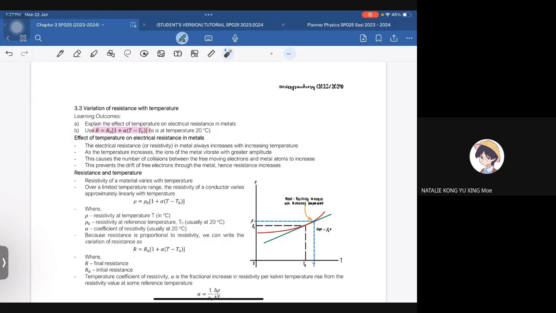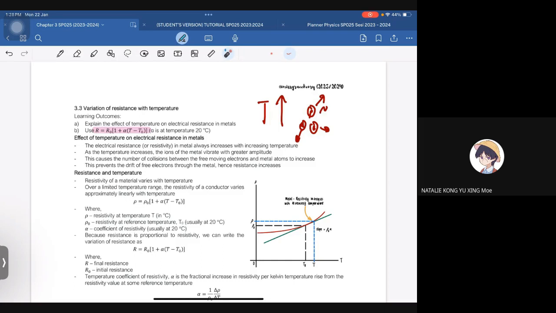Okay, so sekarang ni the part on explaining the effect of temperature ni, it's basically here lah, tapi in short what they're trying to say is when there's an increase in temperature, there's an increase in the movement of the electrons. So what happens bila electrons ni move terlampau laju? Dorang ni bila dia move laju-laju, they keep on langgar each other. So bila dorang langgar ni, it causes the number of collisions between the electrons increase kan?